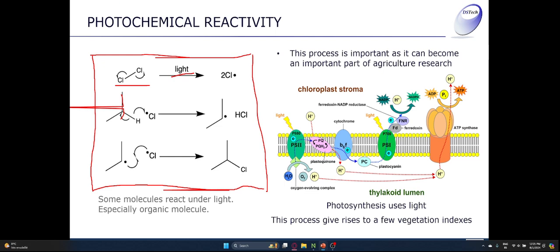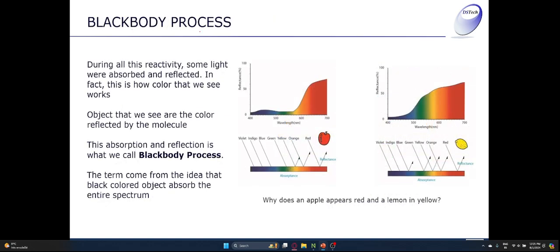In fact, this absorbing and reflecting of light is a common concept. It's what we call the black body process. During this reactivity, you can see some light was absorbed and reflected.